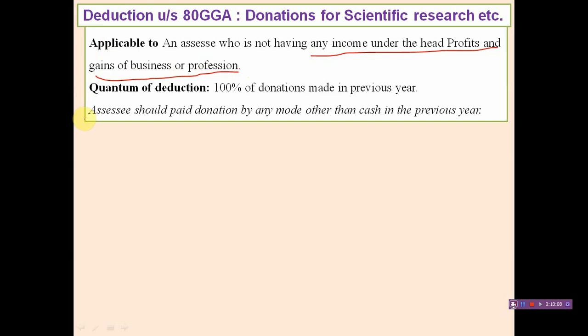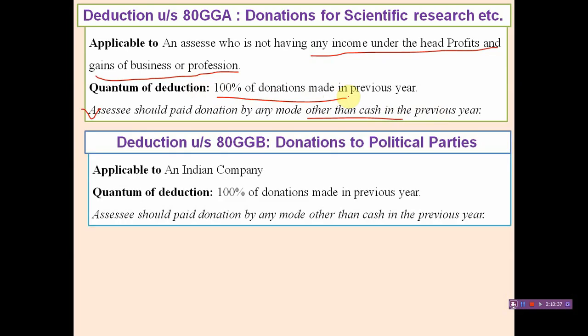And there is only one condition, that the donation should be paid by a mode other than cash in the previous year, and the quantum of deduction is 100% of the donation made. It means the full amount of donation paid by an assessee is allowed as a deduction under section 80GGA. And the next one is deduction under section 80GGB.